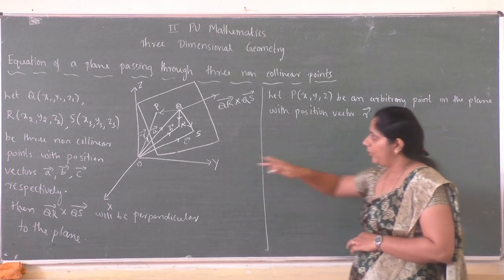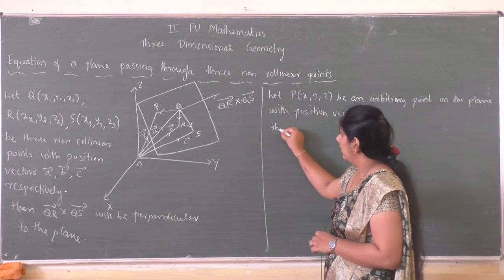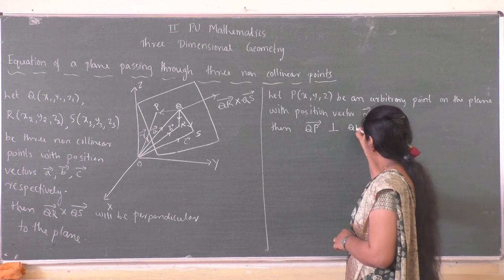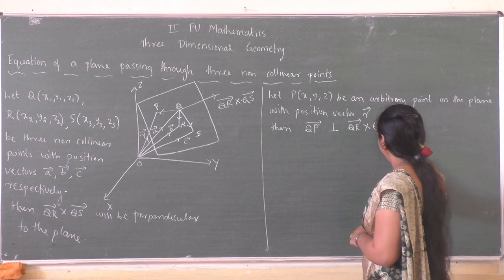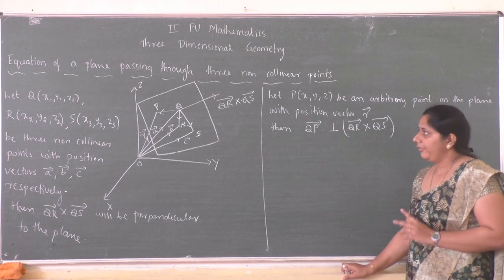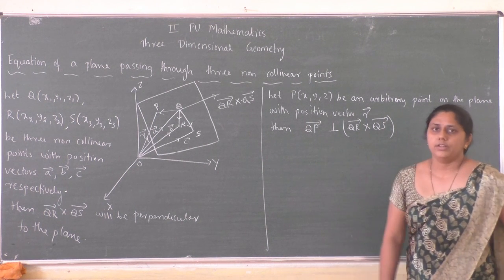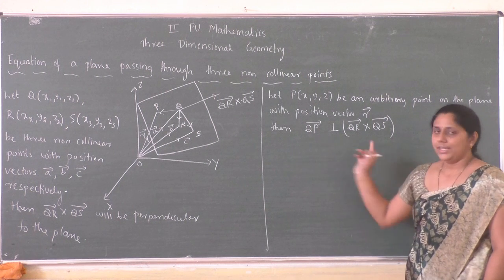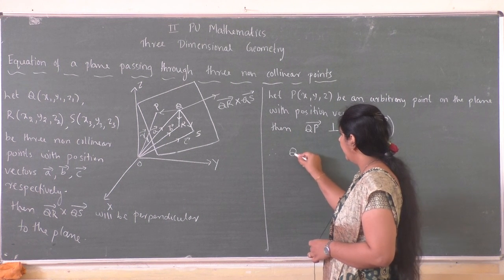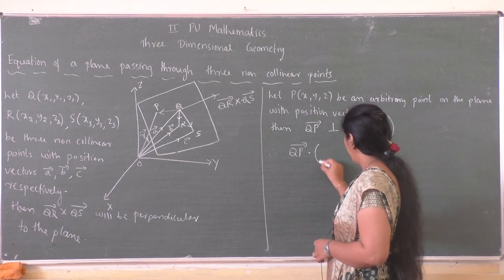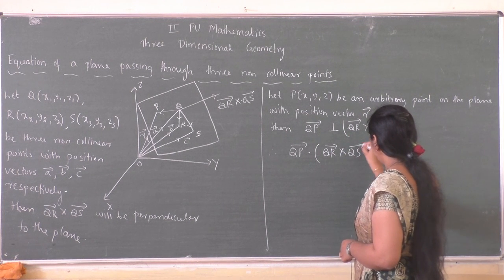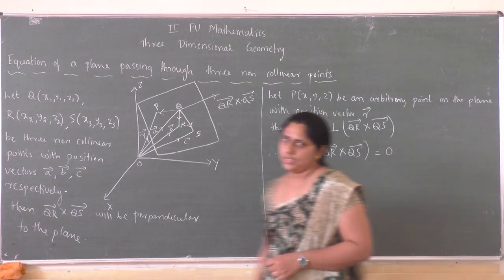Since P is also a point on the plane, you can say that vector QP is perpendicular to the cross product of QR vector and QS vector. So QP vector will be perpendicular to QR vector cross QS vector. Since any two perpendicular vectors have their dot product equal to 0, therefore vector QP dot vector QR cross vector QS is equal to 0.